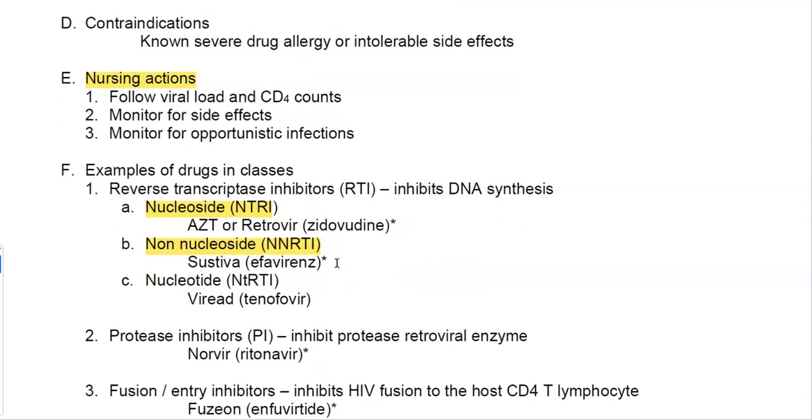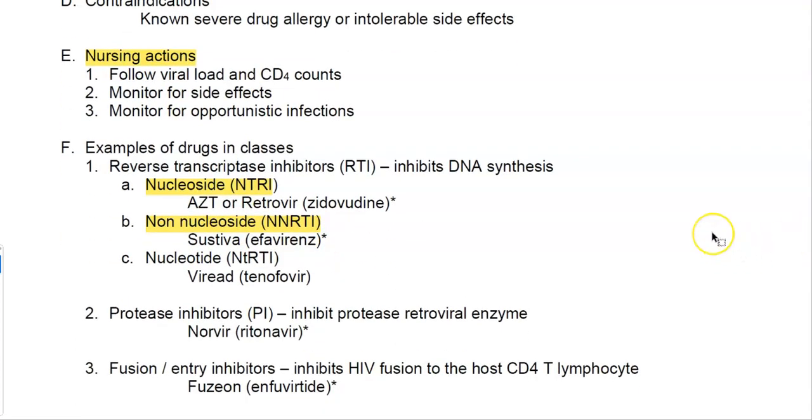Anyhow, examples of drugs under this class: we have the reverse transcriptase inhibitors or RTI. They basically inhibit DNA synthesis. You have the nucleoside, which includes zidovudine. Then you have the non-nucleoside, which is efavirenz. And then you have the nucleotide, which is tenofovir.